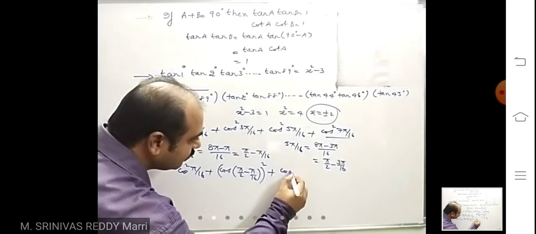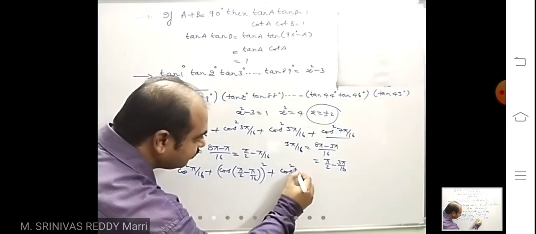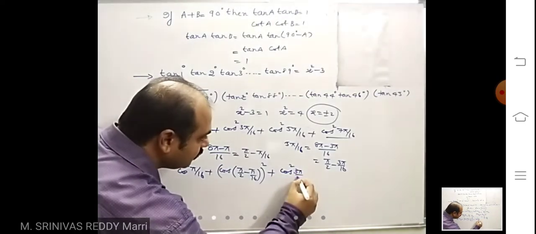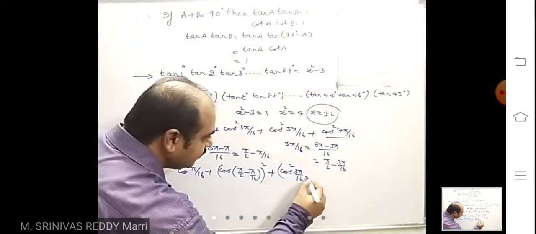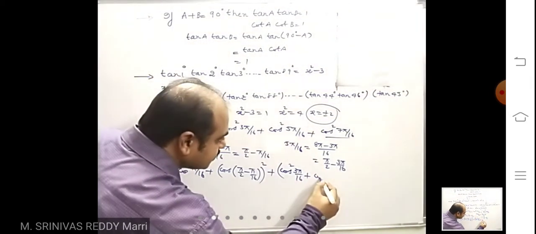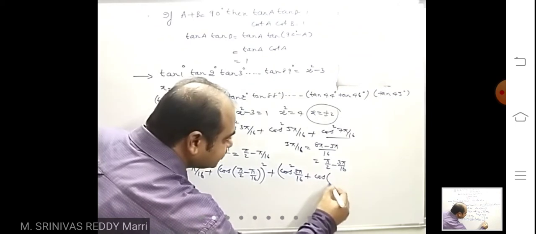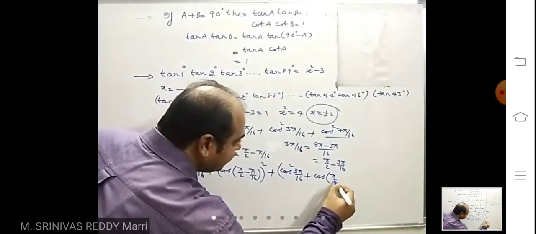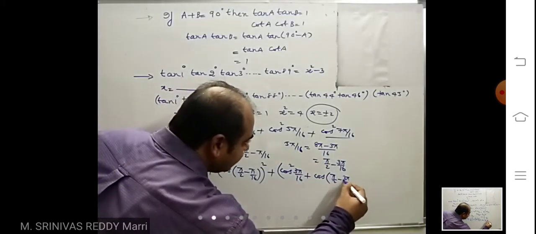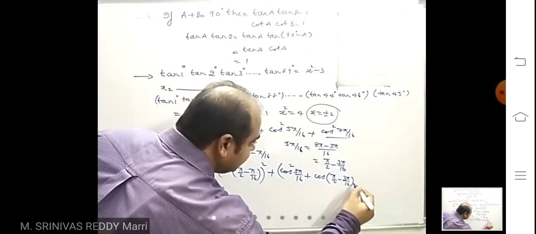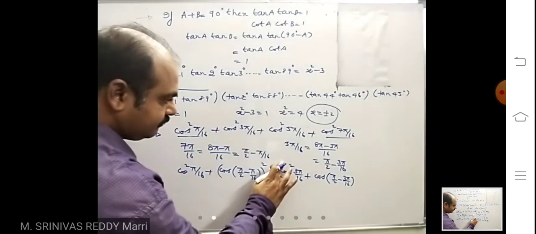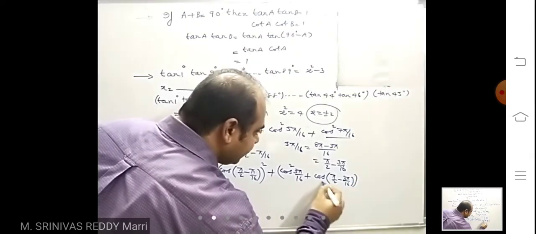Now look at cos squared 3 pi by 16 plus cos squared of 5 pi by 16, which can be written as pi by 2 minus 3 pi by 16, whole squared.